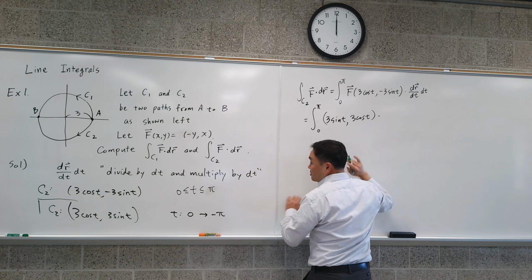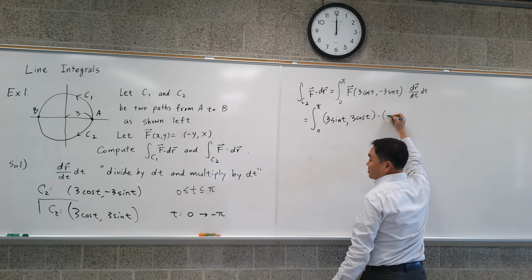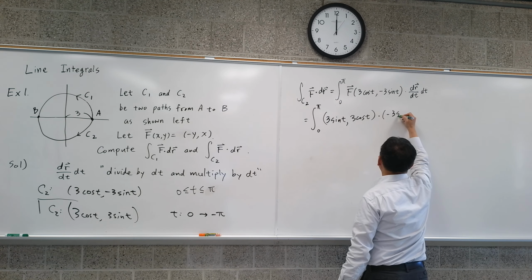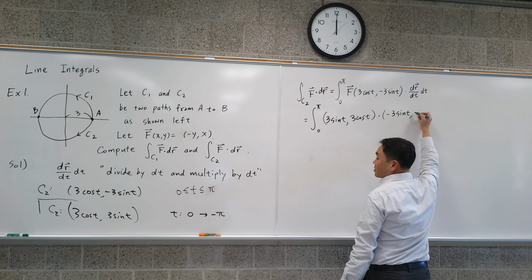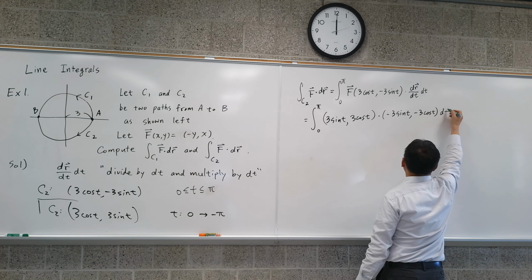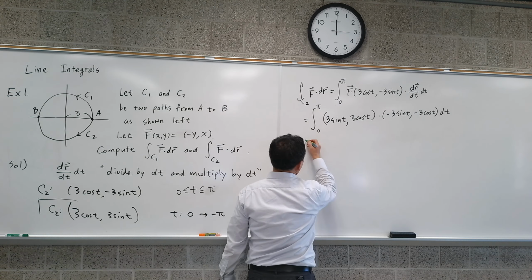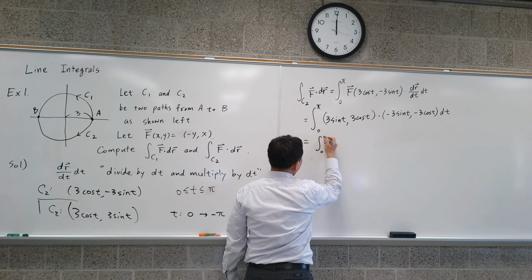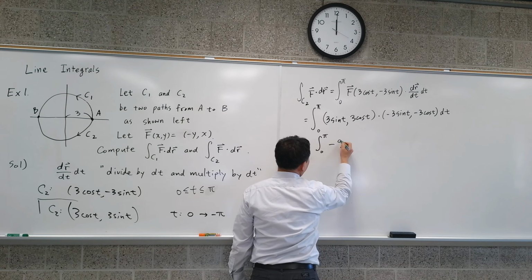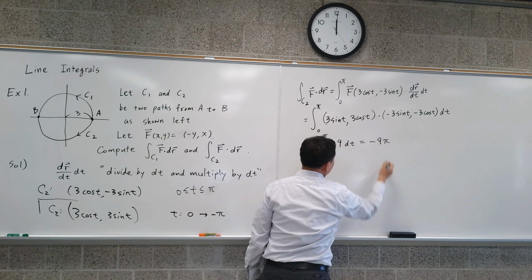And then dr over dt, what's that? You have to differentiate this, so you get negative 3 sine t, negative 3 cosine t dt. And this just ends up being negative 9 dt, so that's going to be negative 9 pi.